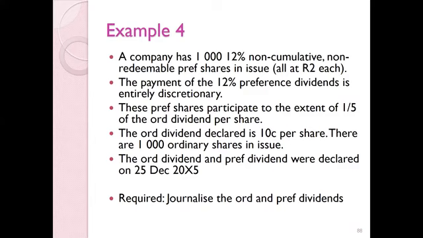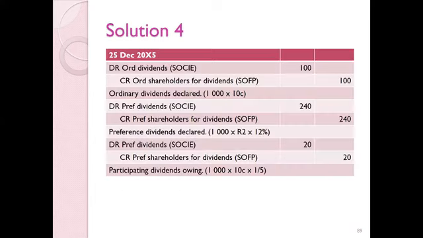Okay, so let's see how we would go about tackling a question like this. When we start off on the 25th of December 20x5, it's generally easier for you to start with the ordinary dividends first. They're typically less complicated, and a lot of that information is generally used to answer the participating portion of the preference dividend.